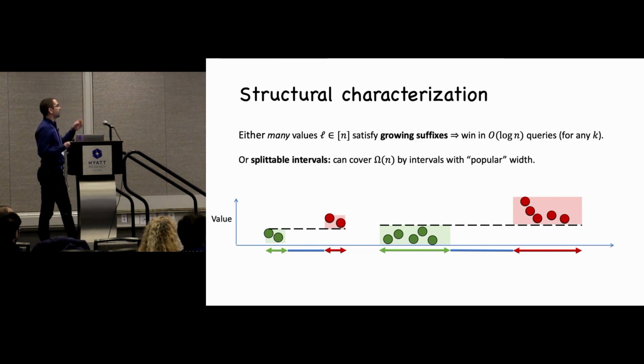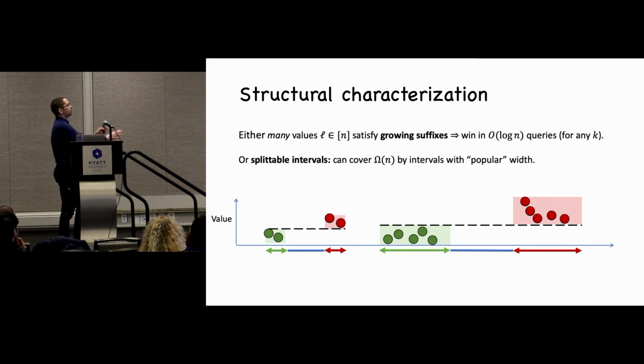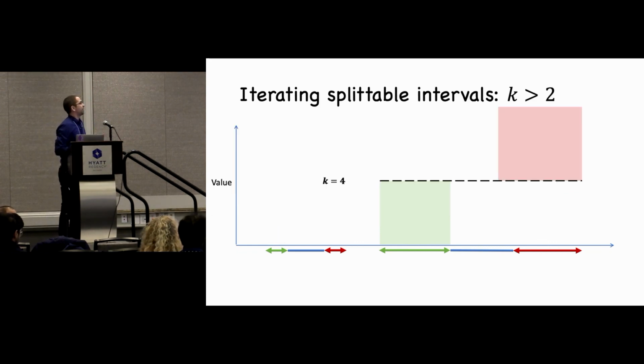So the splittable interval condition says that you can cover a constant fraction of our sequence with intervals where there is only one width that is very popular. So all copies that are in this interval have more or less the same distance between the first element and the second element. Okay, and this kind of reasoning can be iterated.